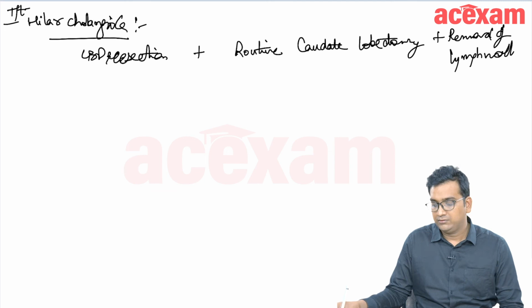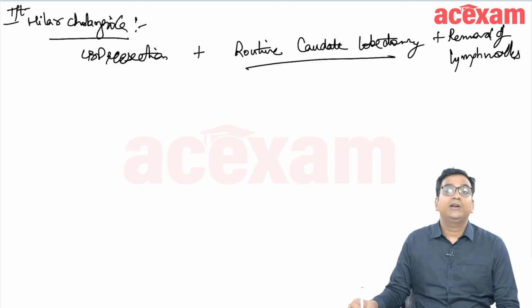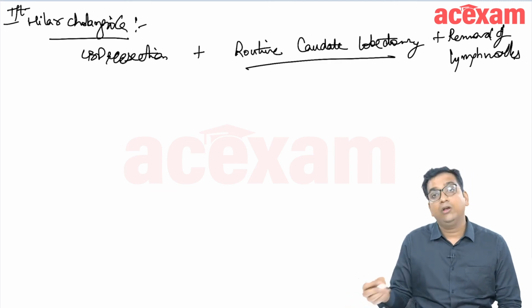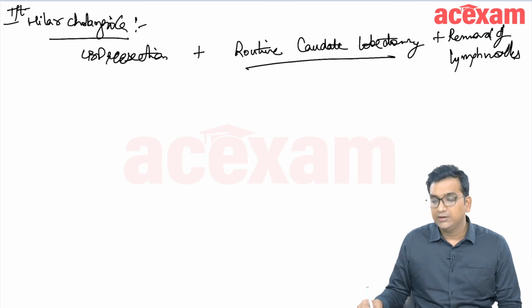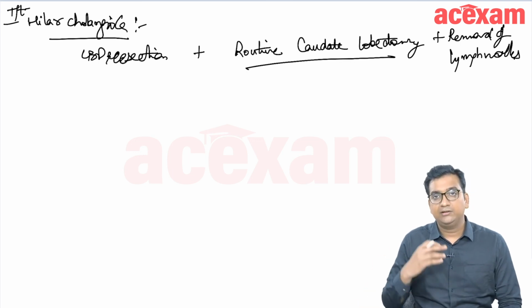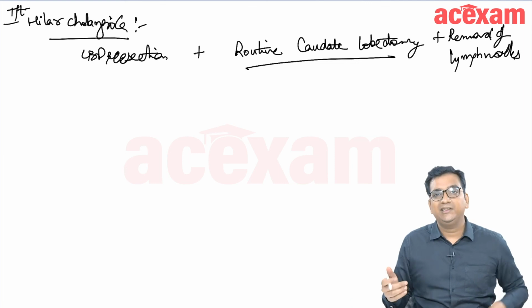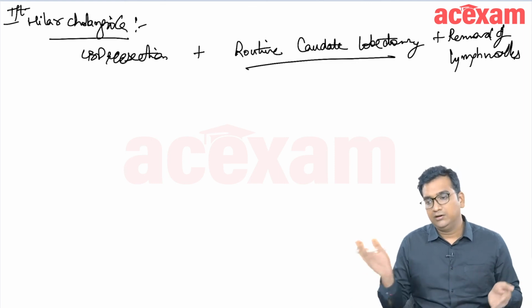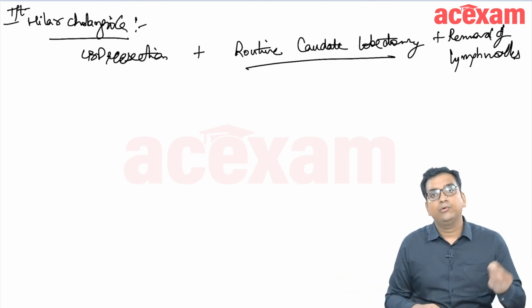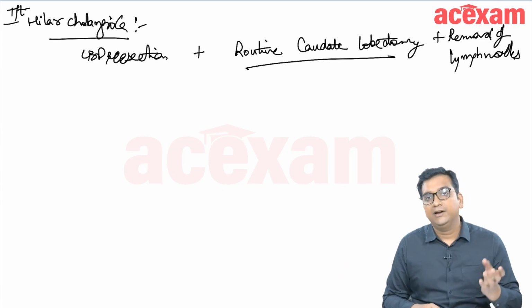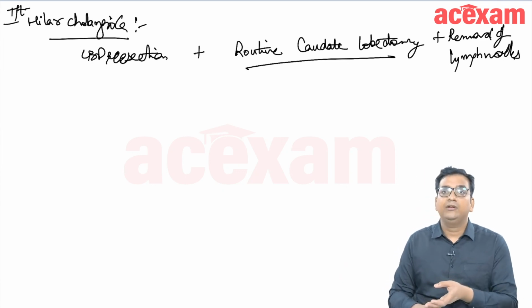Okay. Why a routine caudate lobectomy in all hilar tumors? Because the caudate is early to be involved because it receives blood supply from both the left as well as the right lobe, and it is very early involved in hilar cholangiocarcinoma.